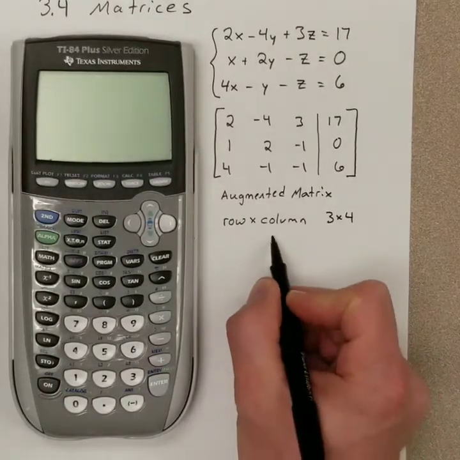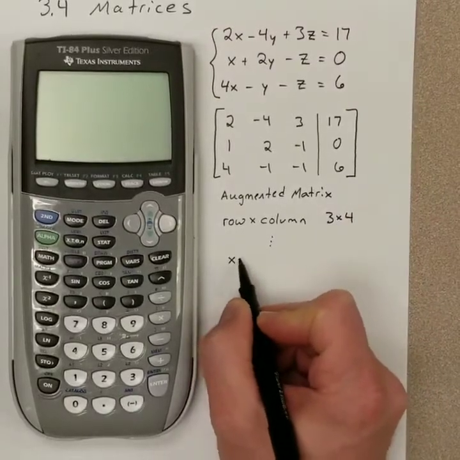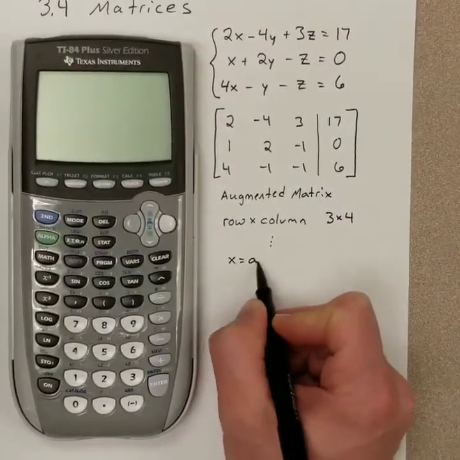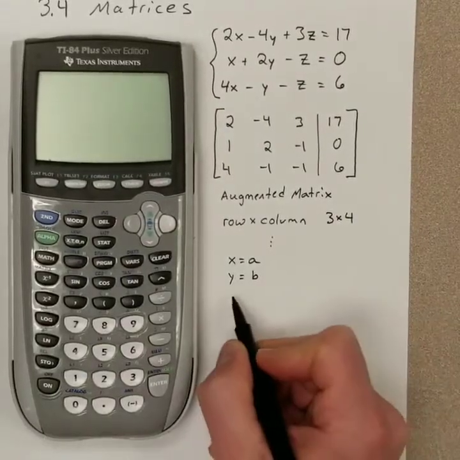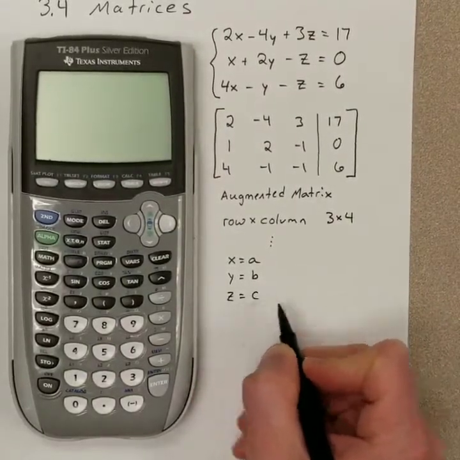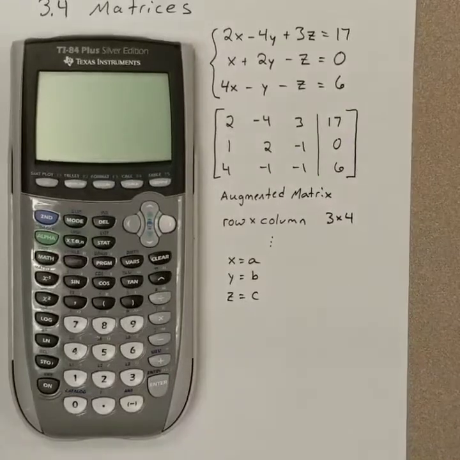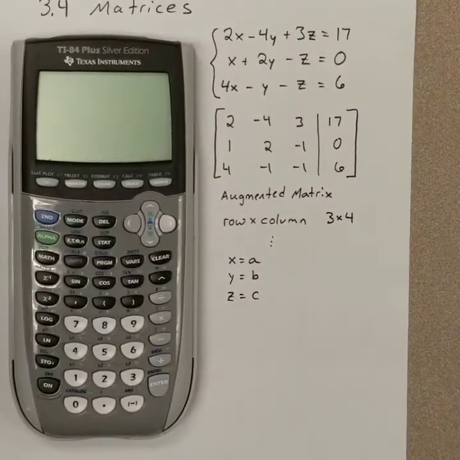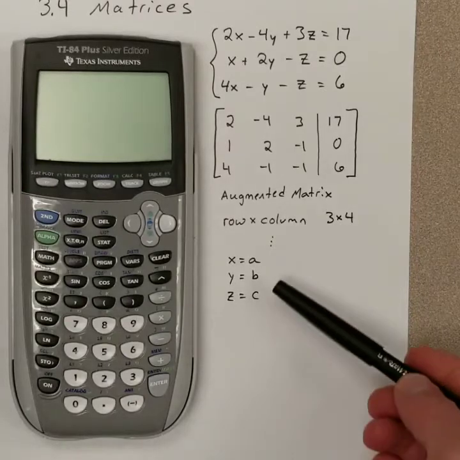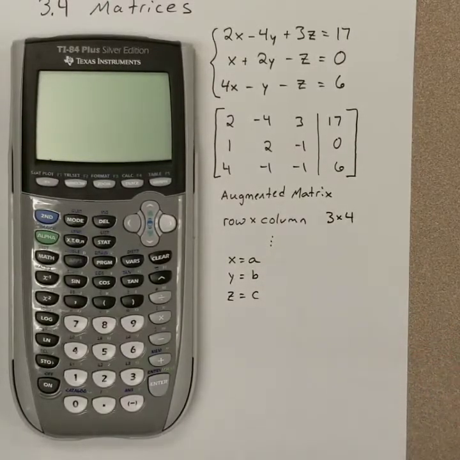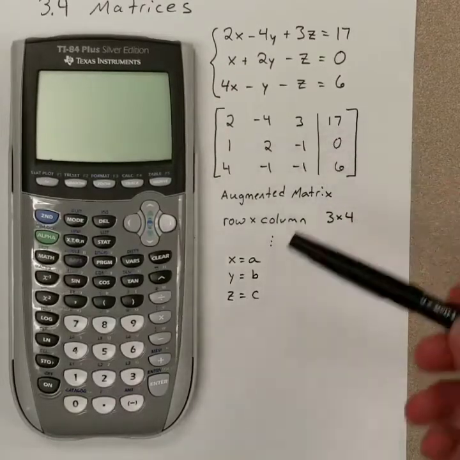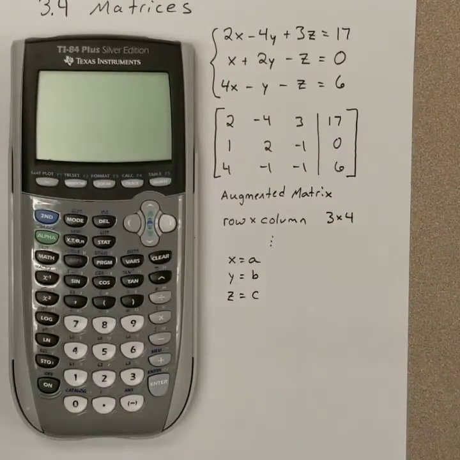Ultimately we want x equal to a number, I'll call it a, y equal to a number, I'll call it b, and z equal to a number, I'll call it c, and then we put those together in an ordered triple as our final answer. We don't know yet what a, b, and c are. You might remember from the previous video what the answer ends up being, but I'm not going to share that just yet.